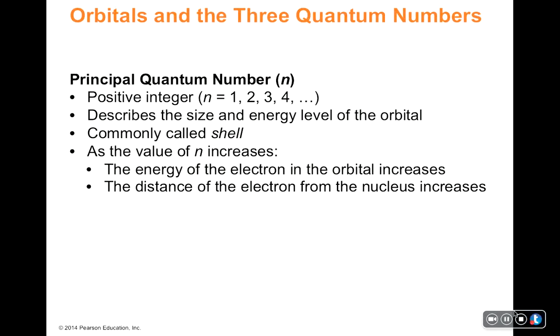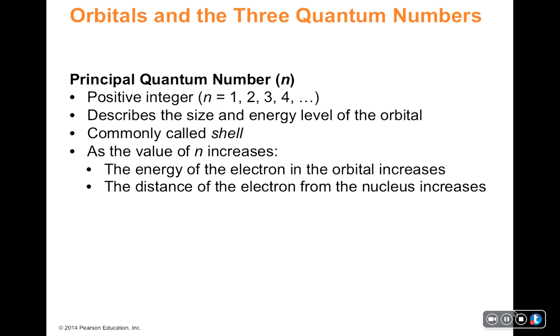So the first one is the principal quantum number. This is known as n. It can be a positive integer, so 1, 2, 3, 4, etc. It describes both the size and the energy level of the orbital. So 1 would be a low energy level, 2 would be the next energy level up from that, 3 higher from that. So the lower the number here, the lower the energy level of that particular orbital.